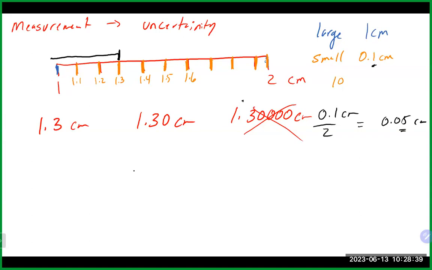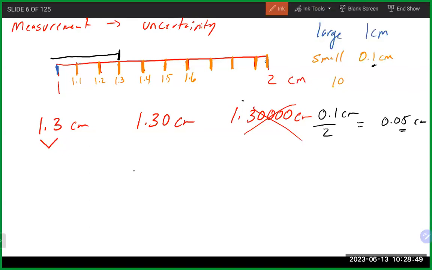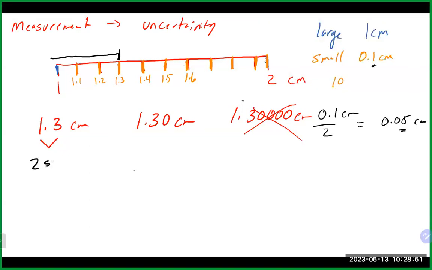Well, let's see if there is a difference. Let's take a look first at this first number. How many significant figures does it have? It has 2 significant figures, right? The uncertain number is the 3 here.